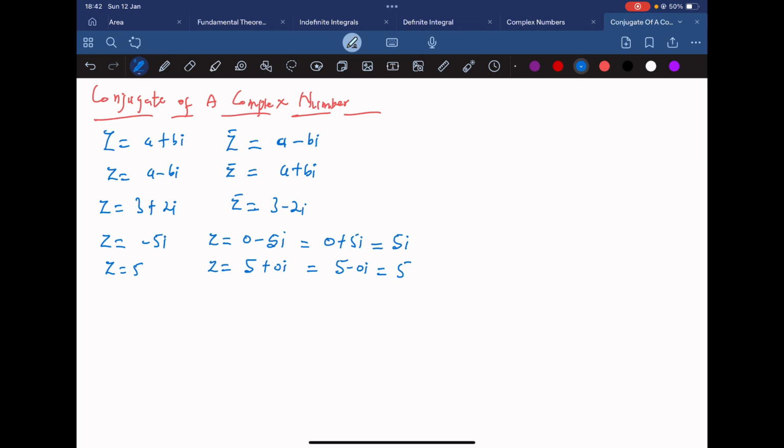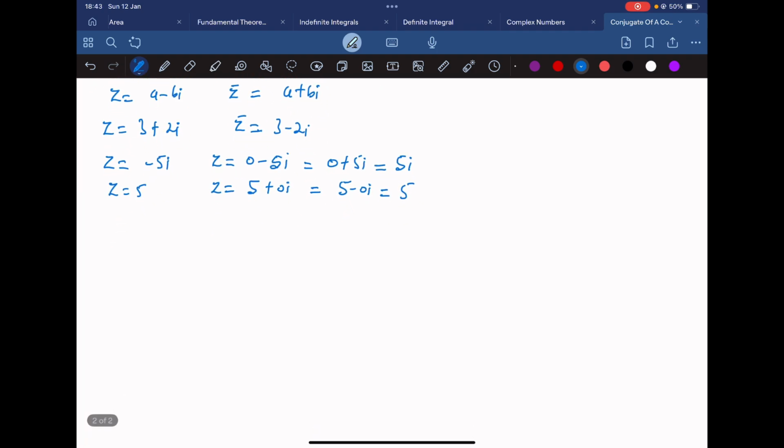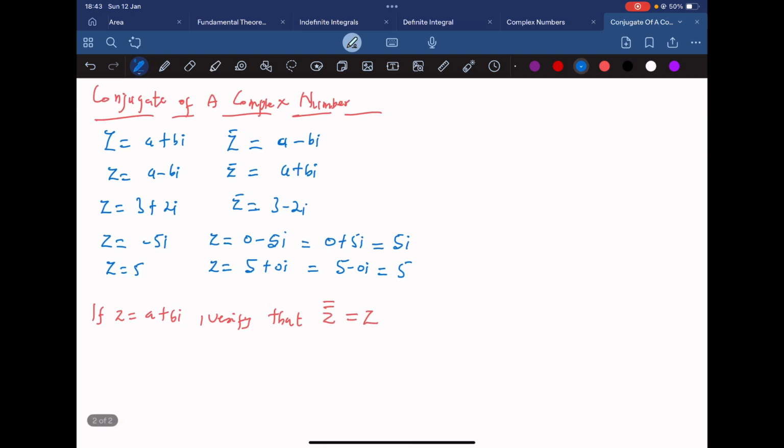Now, one thing that you have to notice, let's say you have z to be equal to a plus bi. There's our complex number. Let's verify that z double bar will be equal to z. So the key idea over here is, if you find a conjugate of a complex conjugate, you should get back your complex number.